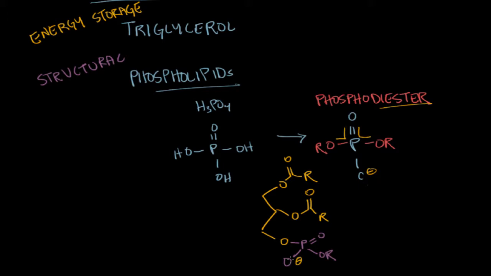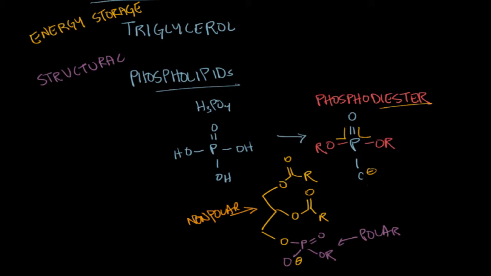One of the cool things about phospholipids is, unlike triglycerols, now we have a specifically polar section. So this right here is polar, and then we have a nonpolar section to this molecule. So this is all still nonpolar, and the purple part is polar principally because of this big negative charge and just the polar nature of this phosphodiester, but that allows it to play a pretty cool role in cell membranes.